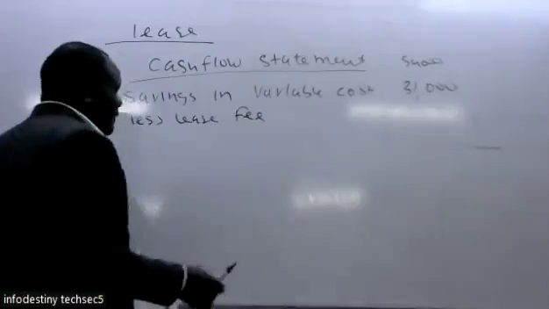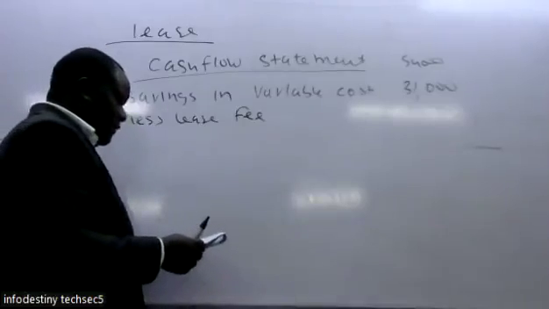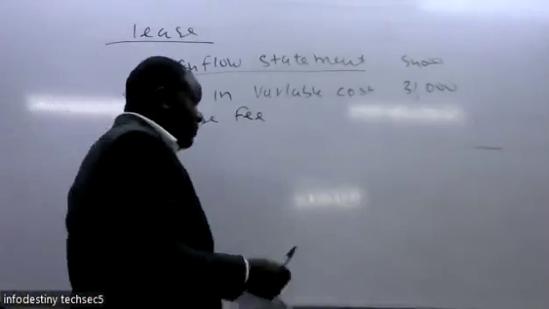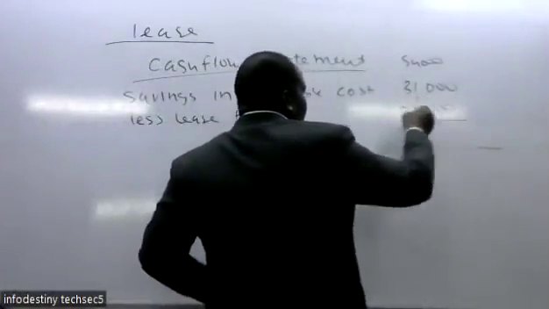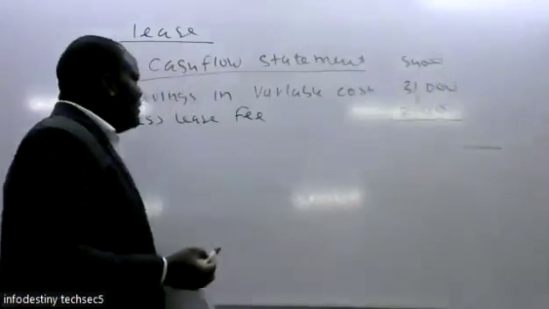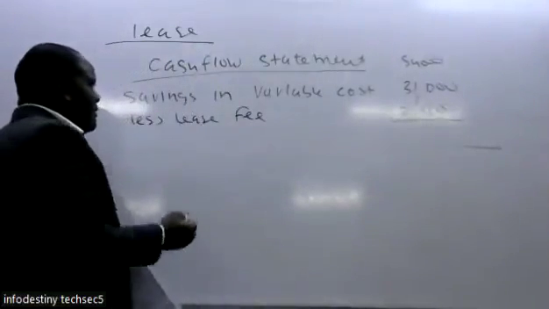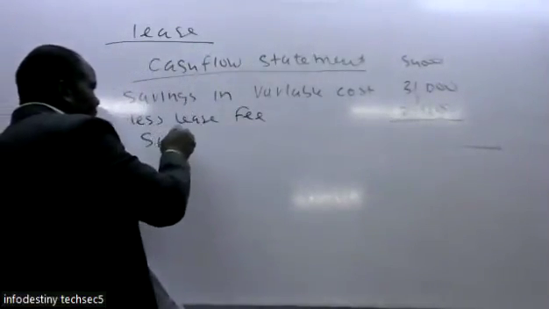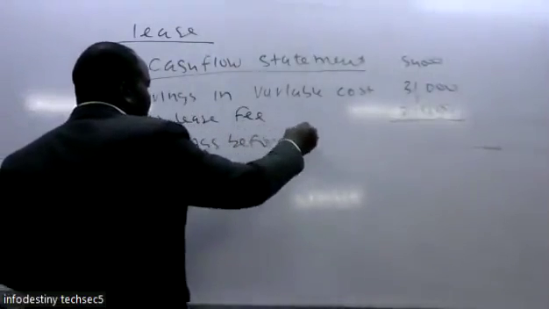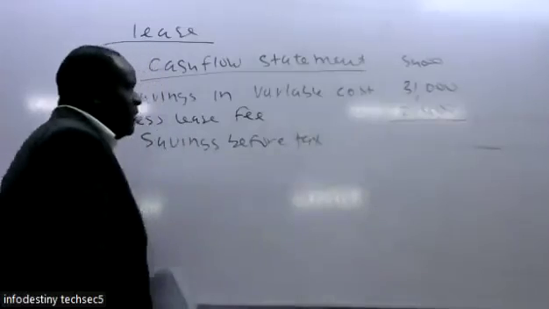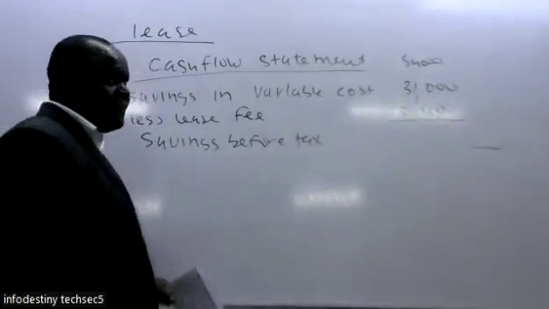Minus the lease, so that figure is meant to be 21, so that we get the savings before the tax. So how much is that savings?